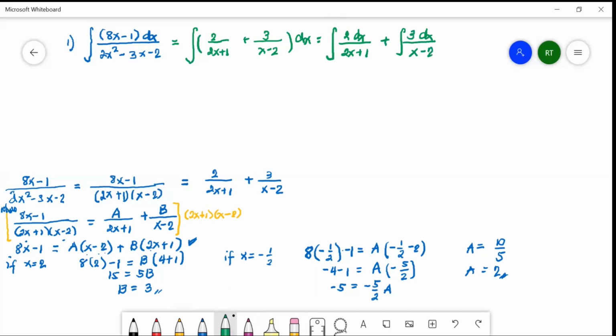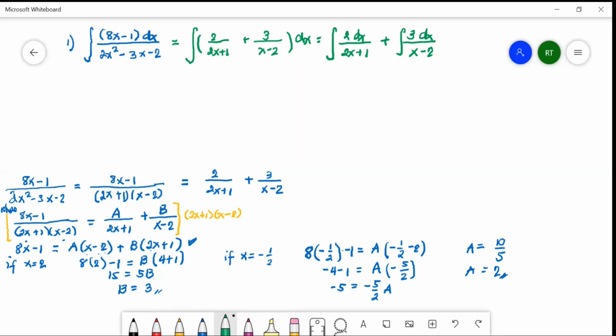Okay, now look at the two integrals. If we are going to evaluate the integrals, both lead to logarithm. Okay, now in the first integral, you can see that the numerator is the exact differential of the denominator. If u is 2x plus 1, the differential of u is 2 dx.